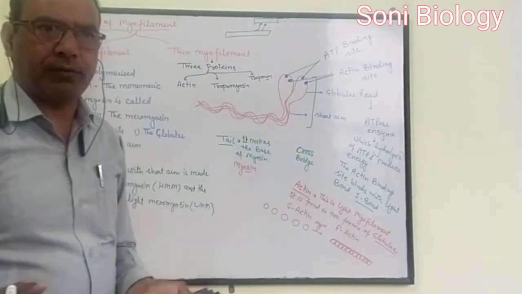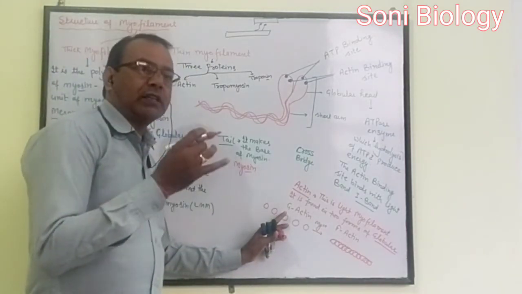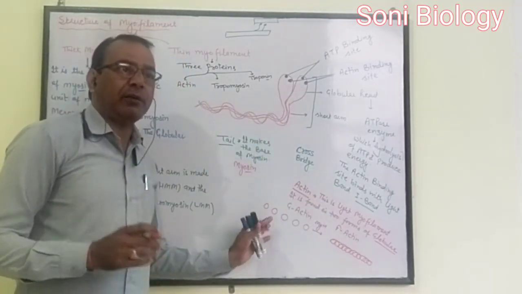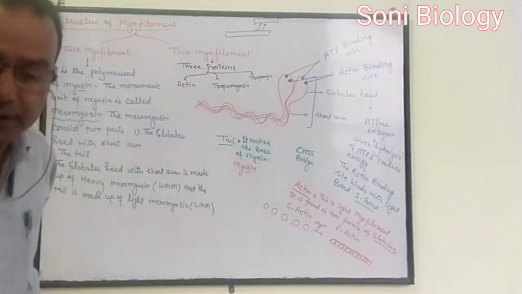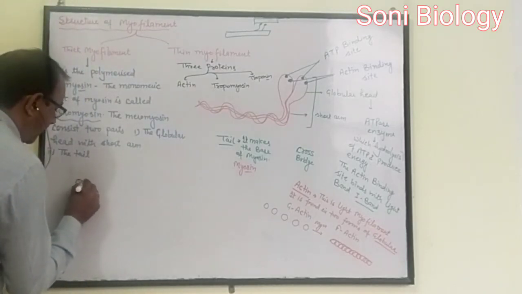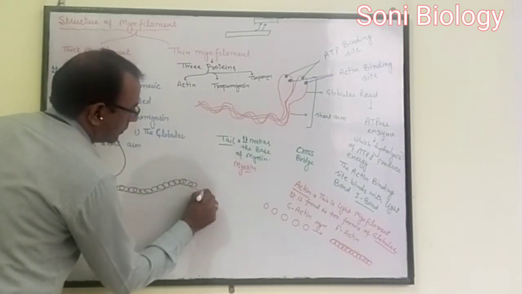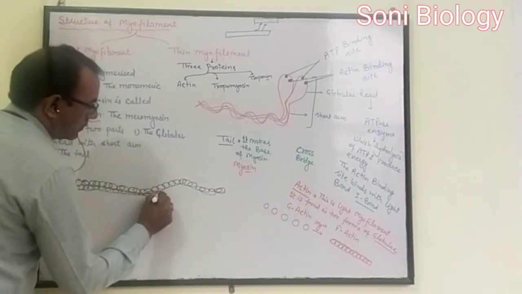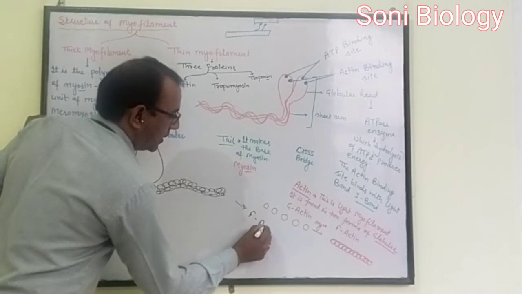G-actin is present in single globular forms independently, but in the presence of magnesium ions, the G-actin fuses and forms F-actin. The structure of F-actin is just like this. This is the F-actin, the fused actin.